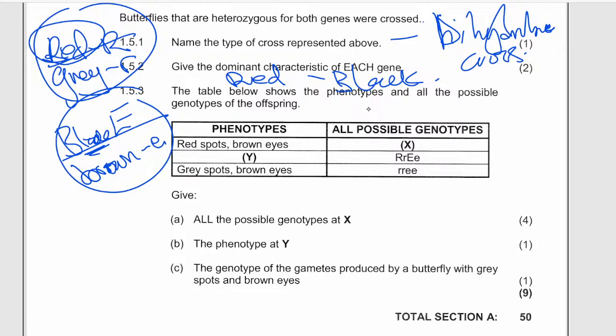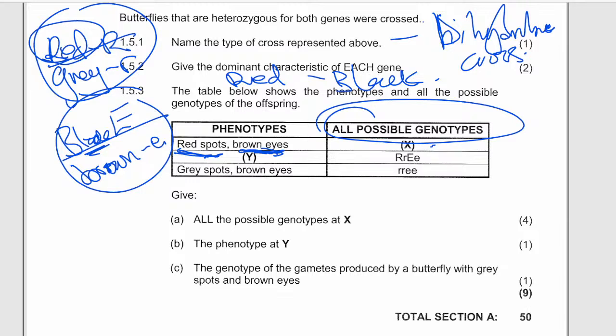All right. The table below shows the phenotype and all possible genotypes of offspring. Red is for spot, brown is for eyes, and then black is for eyes. They are saying all possible genotypes.